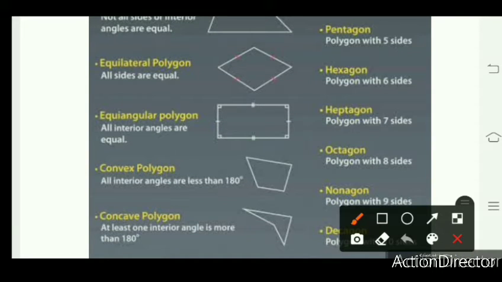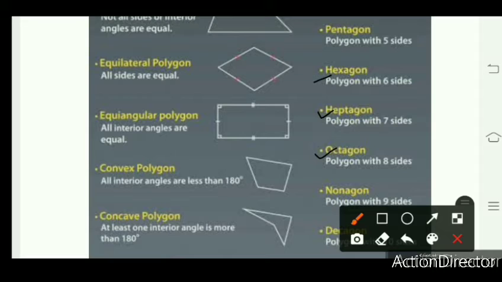Now hexagon, polygon with 6 sides. If the polygon has a total of 6 sides, we say that this type of polygon is known as a hexagon, right? Now heptagon, polygon with 7 sides. Now octagon, which has a total of 8 sides.